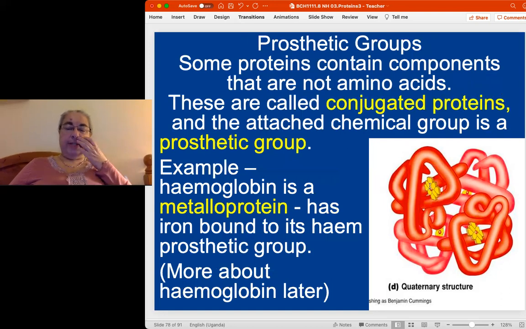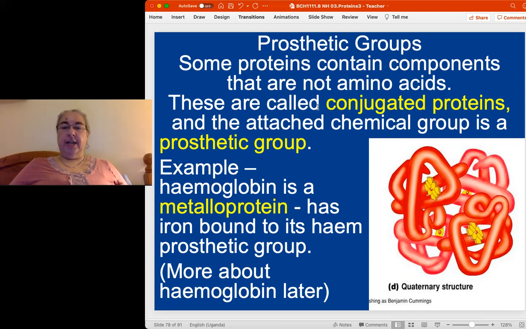So we've noticed that hemoglobin has something in it which is not made of amino acids. It's a prosthetic group. And in hemoglobin, it's a metalloprotein, a heme prosthetic group with an iron in it. Okay, you'll be hearing a lot more about hemoglobin, so don't worry about it, but it's just an example of a molecule with a prosthetic group, something which is not made of amino acids, but is attached to the protein.